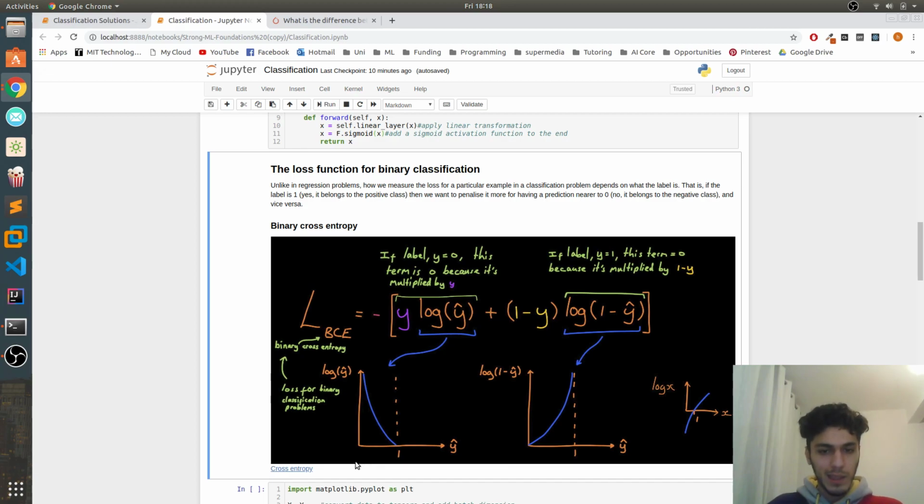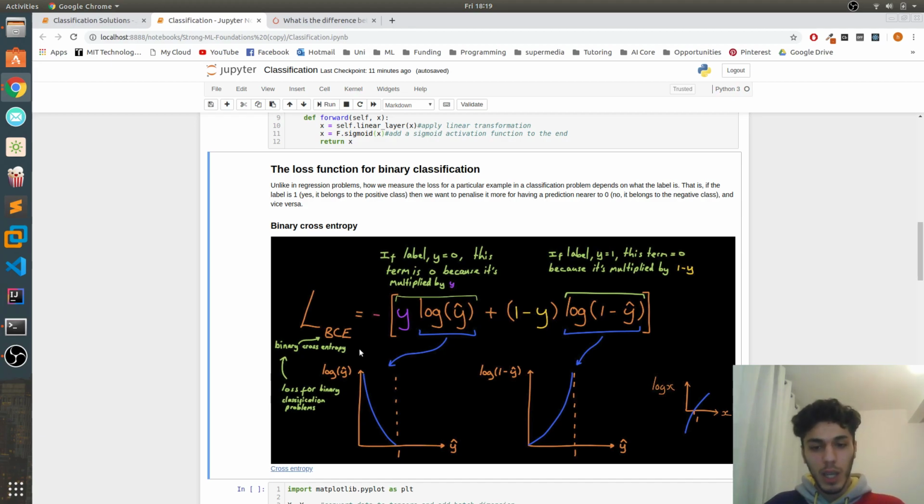So when the label is 1 and our y hat is 1, our cost becomes 0. But if our label is still 1 but our y hat is 0, the cost becomes infinite.